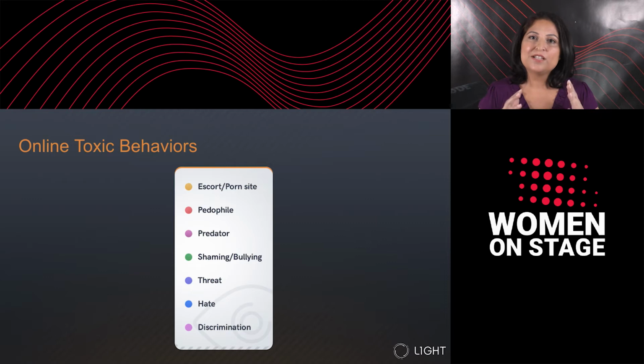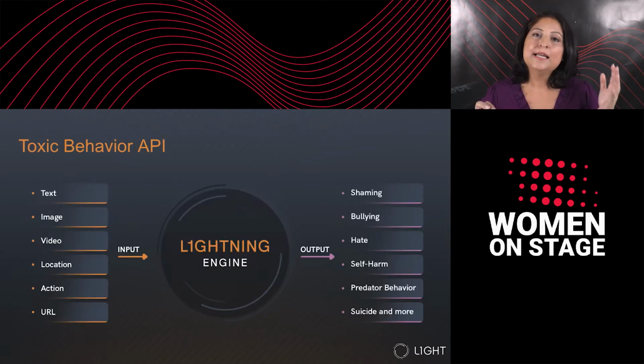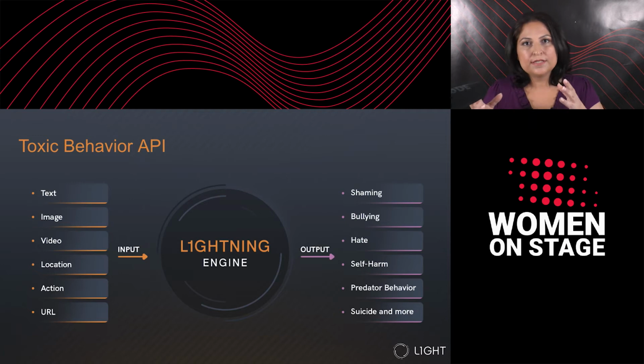At Light, we have developed a large number of algorithms, especially for this purpose. We have AI models to detect pedophilic behavior, bullying, shaming, self-harm, hate speech, etc. Developers or companies can integrate our models into their solutions using our APIs.